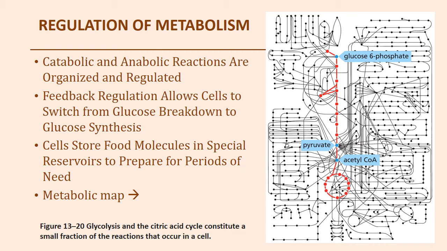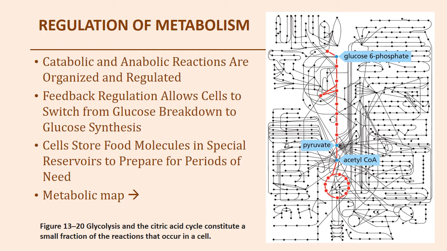Now, the metabolic map is also important because your body needs to have a feedback system set up that will control when it has glucose breakdown and when it needs to synthesize glucose. Because at the end of the day, that's the molecule that's going to be so important for us to do our aerobic respiration.